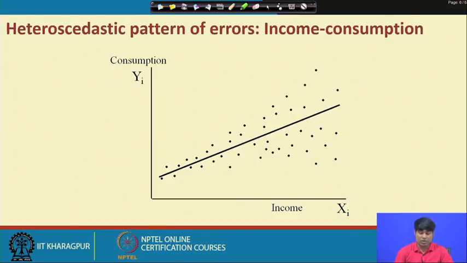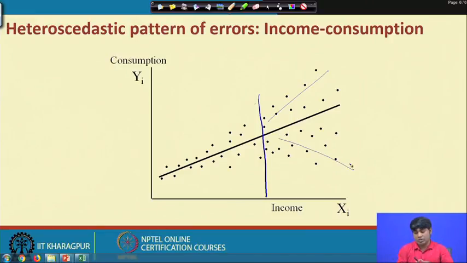Now, if you look here, initially these points converge or are close to the estimated line, then after a particular point of time, like here, there is a spread. They are diversifying here and there.